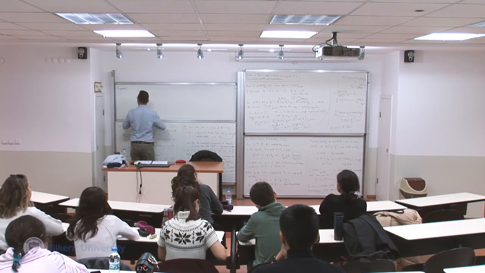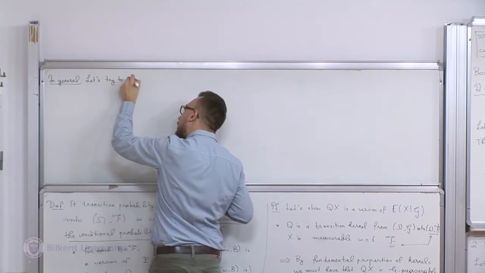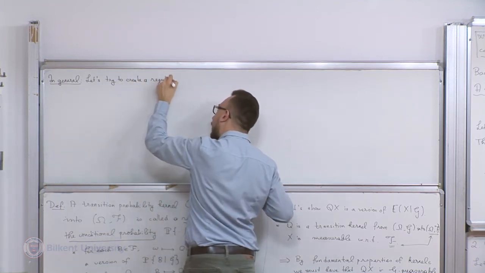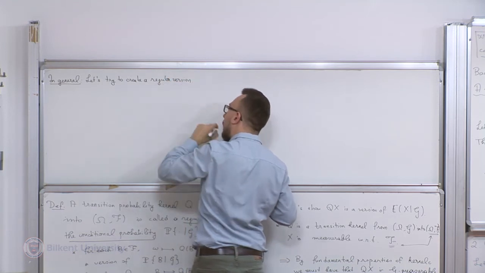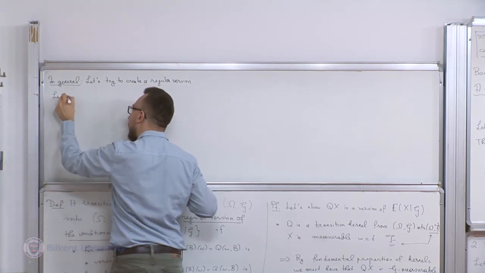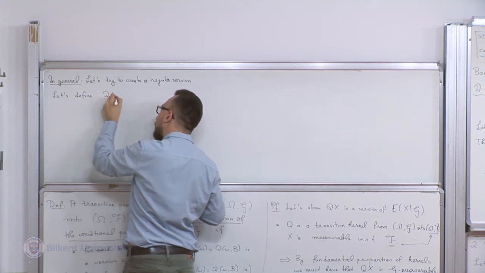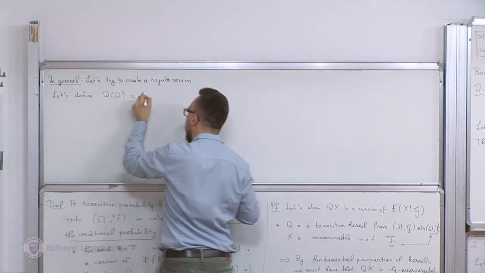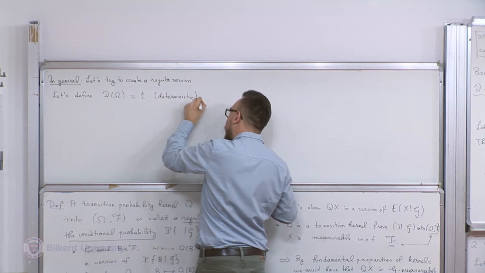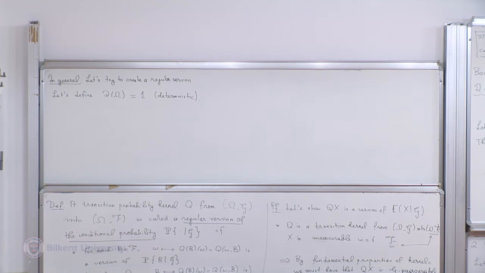So let's try to create a regular version. Okay. So let's define Q of omega as 1, as a deterministic number, so that for every omega, this is equal to 1.